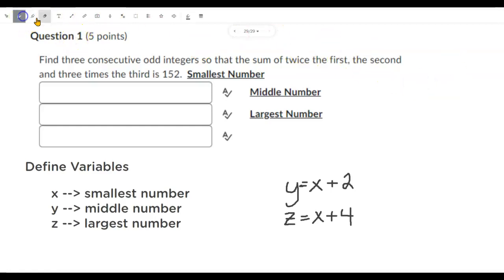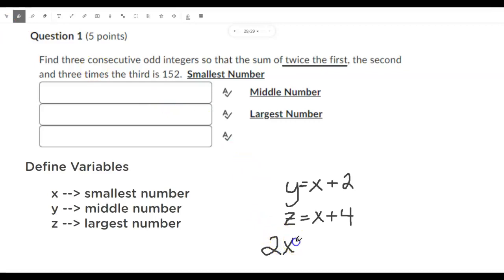I have one more equation to write, and that's the one that's stated here. The sum of twice the first. So the first, we're calling that the smallest. So twice the first. Why did I do that? I don't know. Because that's not the first. I just said it's the smallest.